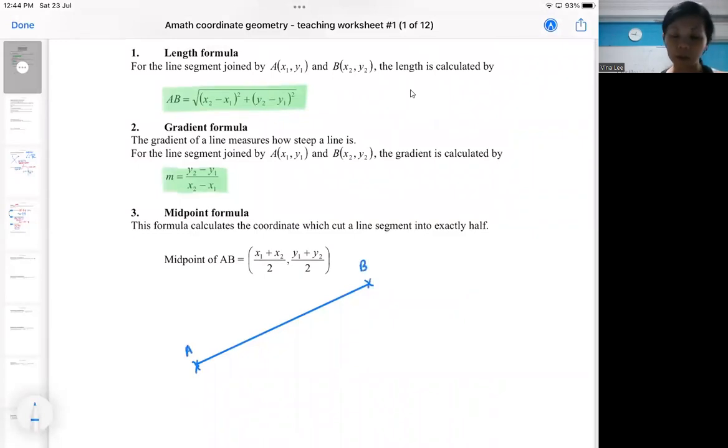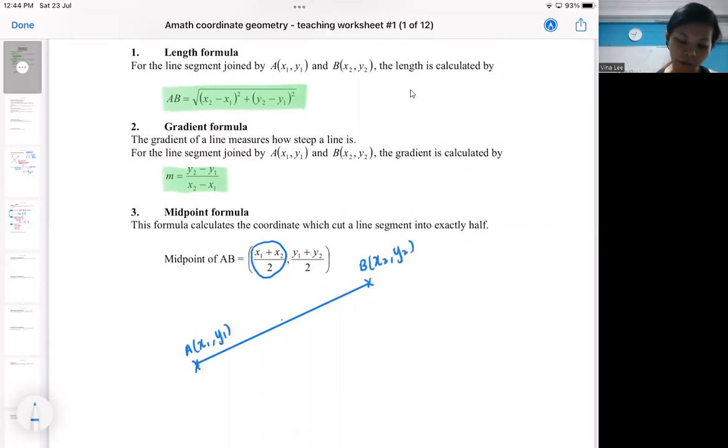So if you look at the formula, okay, can you see the x coordinate? You are sharing the x coordinate. So something like x1, y1, x2, y2. So you are going to locate the point that cuts it into half. So typically we call it the midpoint.